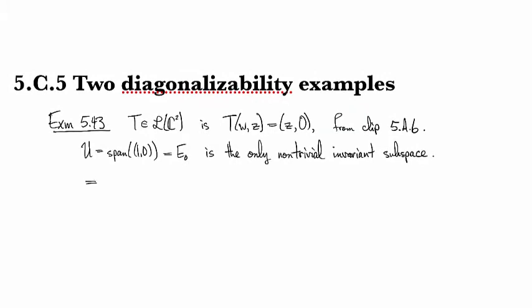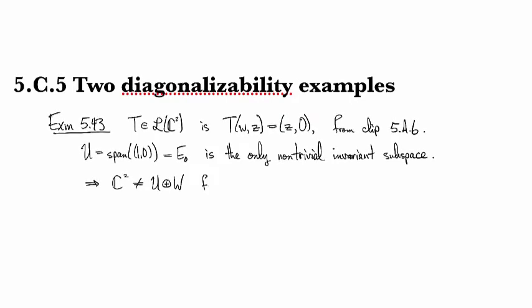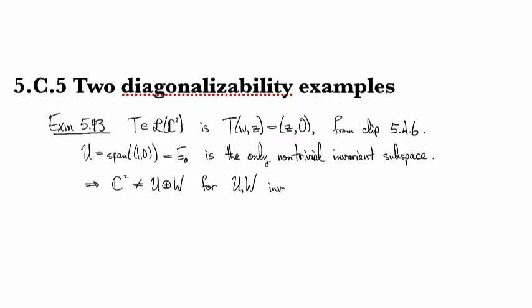And so we can see from this that C2 does not factor as a direct sum of two spaces which are invariant and one-dimensional.